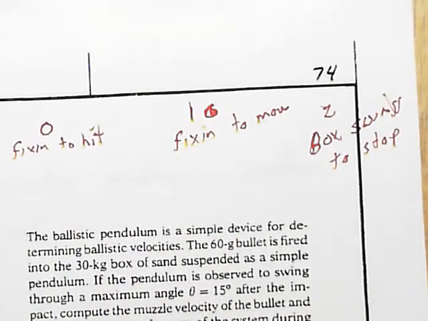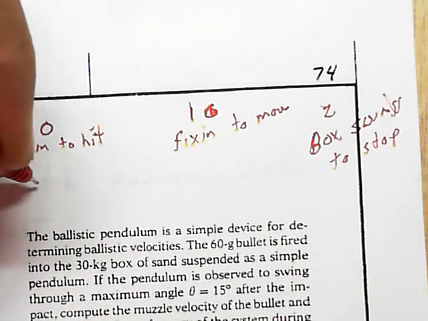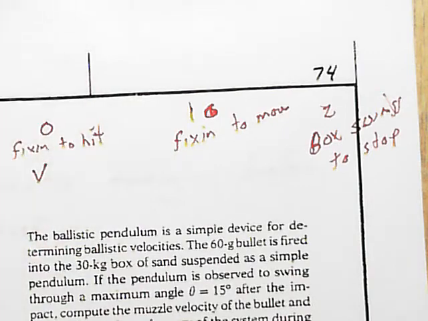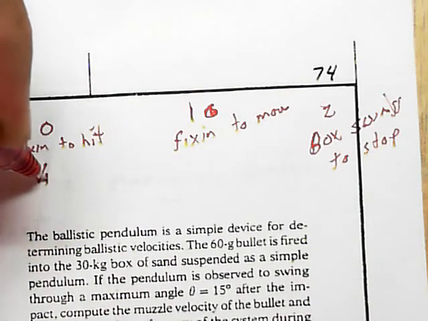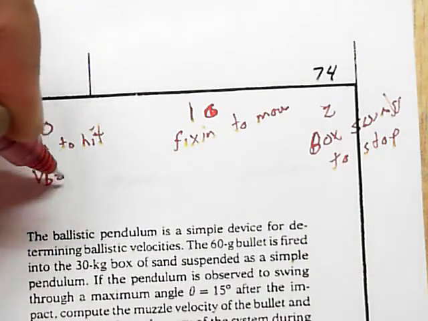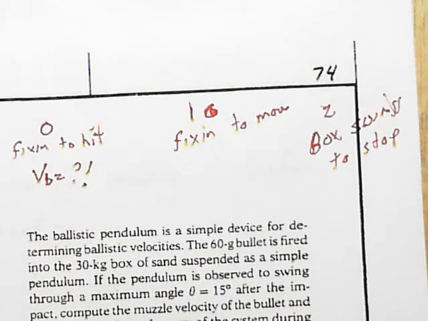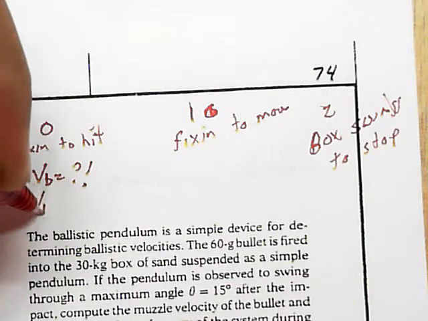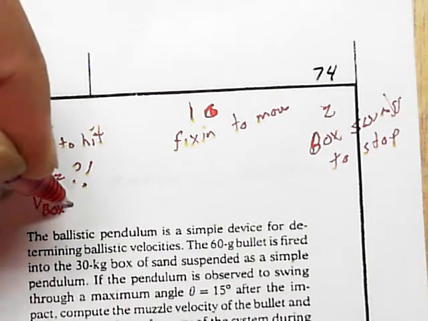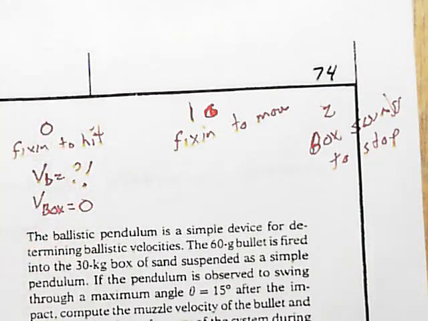What do we know at the various states? We know that V of the bullet is equal to unknown, and as a matter of fact we want it, and we know that V of the box equals 0.